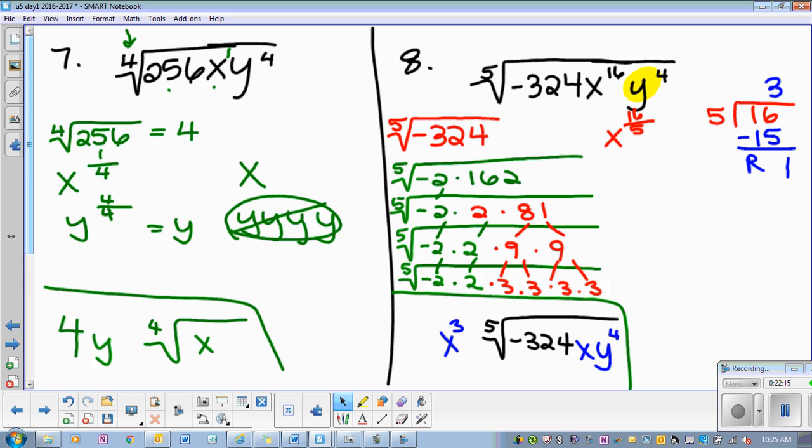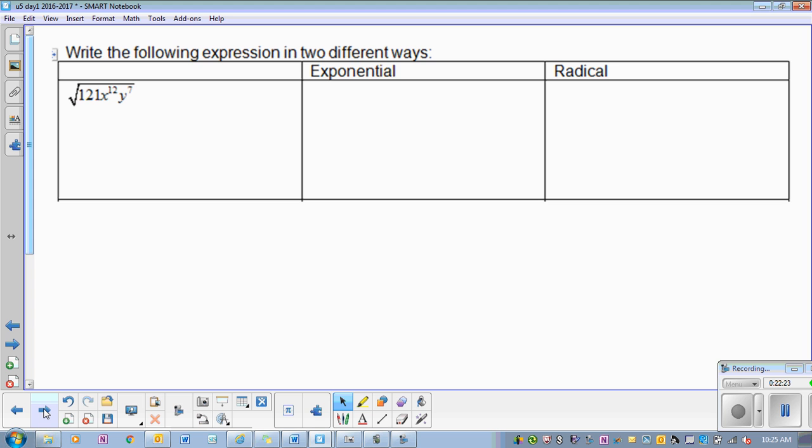Any questions about this one? All right, let's go back to our notes, and we're going to look at the last section there with the table.